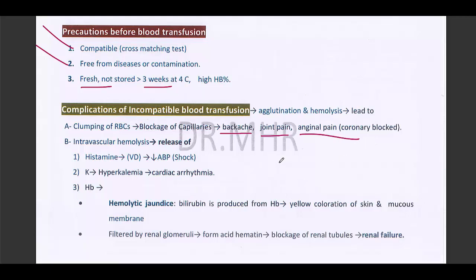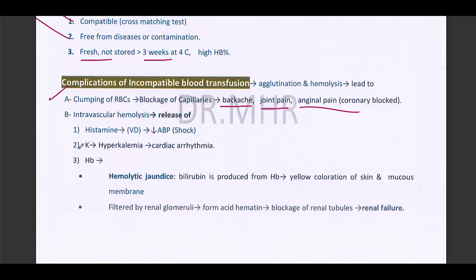Or we can name it ischemic pain. If capillaries are occluded, okay, and closed, not enough blood will reach the system, so that system will shut down and feel pain.